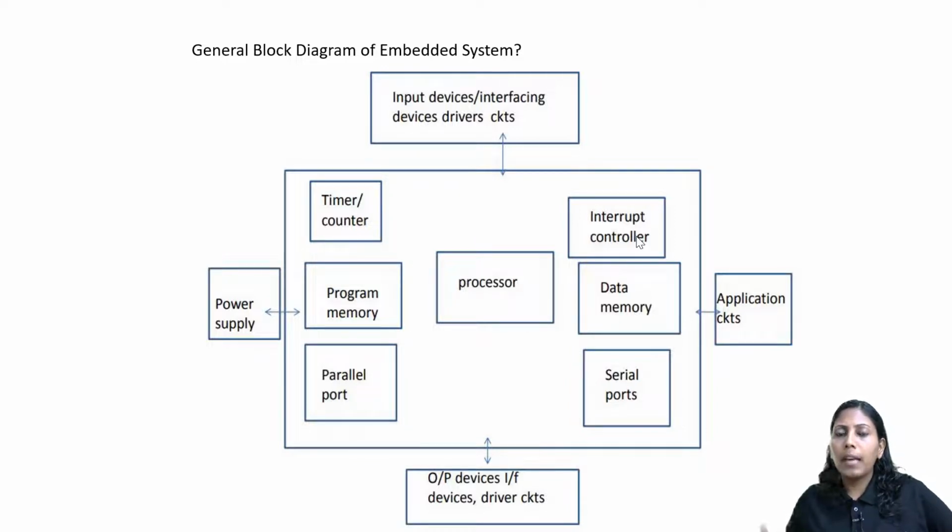And we will have a data memory. Data memory we usually say is RAM, random access memory. Why is data memory required? Certain information I have to store, certain data, even sometimes temporarily. One example I would like to tell you: for a washing machine, there can be a set RPM.